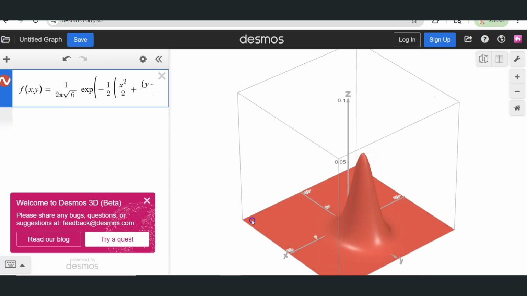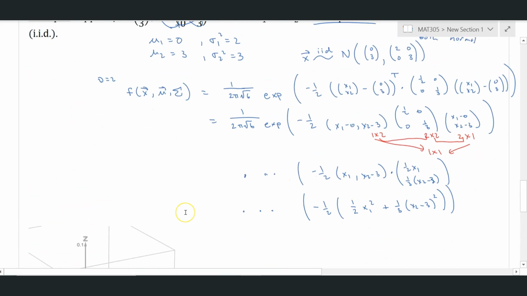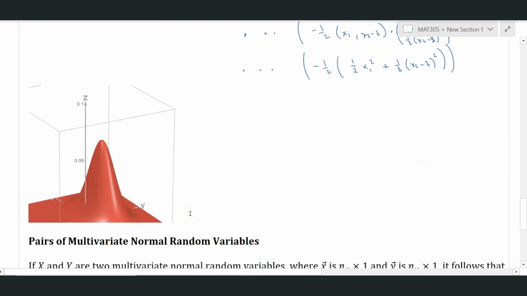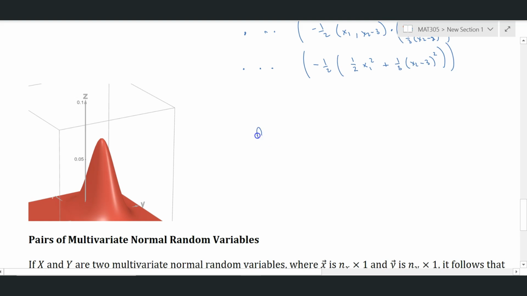And once again, what we should point out is that if you integrate this from x going from negative infinity to positive infinity, dx1 of f of x1, x2. Okay, I'm just going to write it that way without the given mu and sigma, because we already know it depends on those.